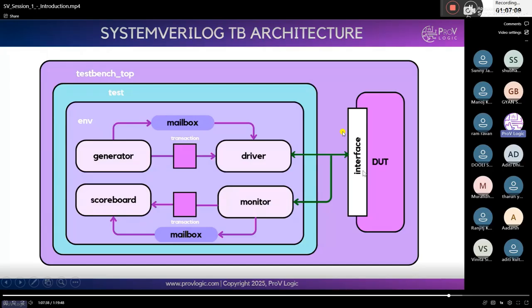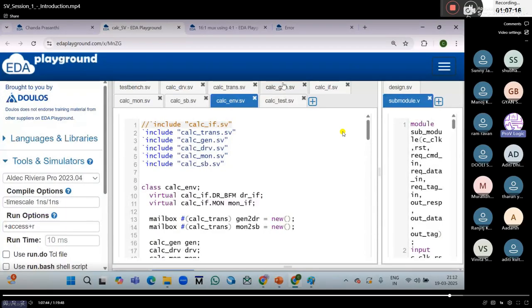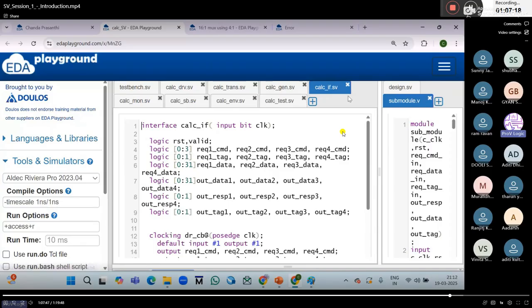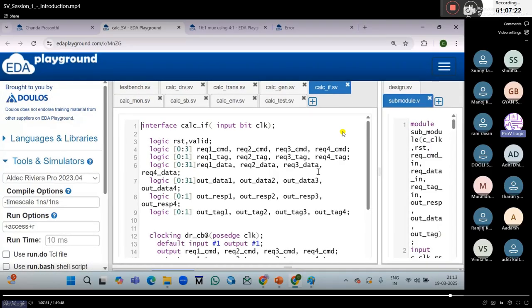Whenever you are writing the program, follow the same flow. First create the interface. How do we create the interface? Like this: calcif.sv file in EDA Playground. I will tell you the installation process later. You can also use EDA Playground, but it is better to practice in a tool, because you will get the tool idea also. In industry, you need to work with the tools, right?